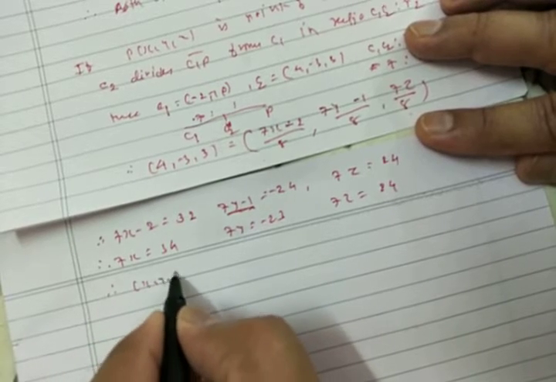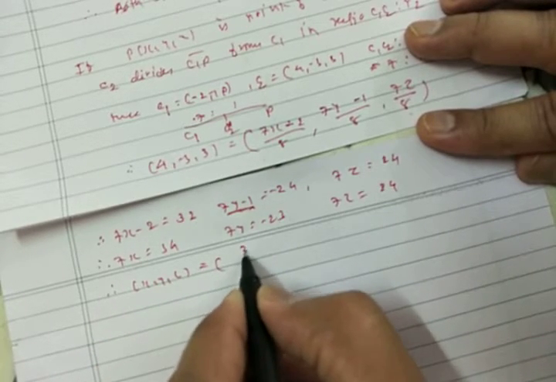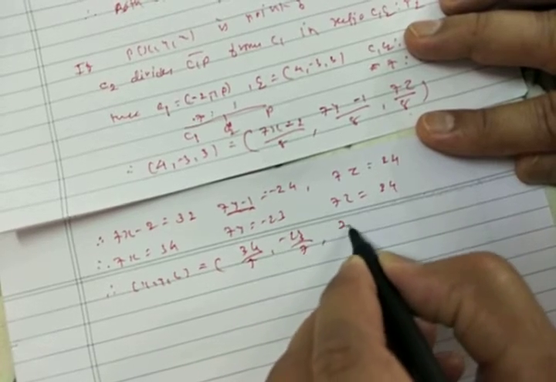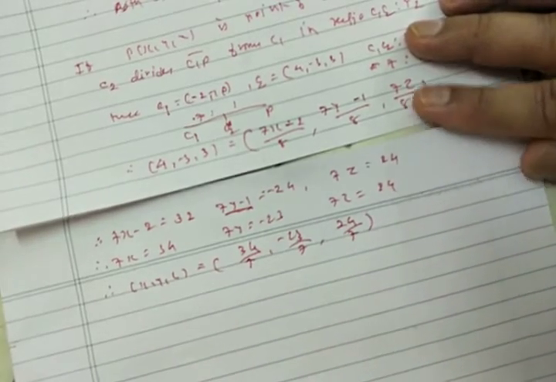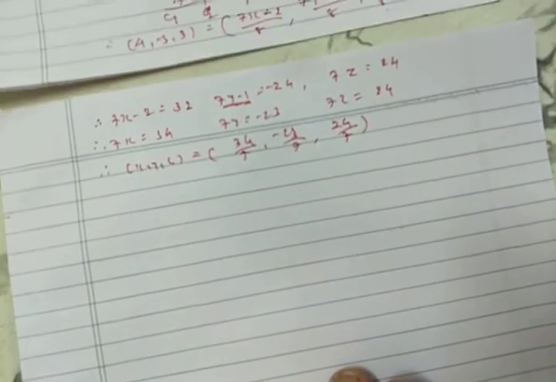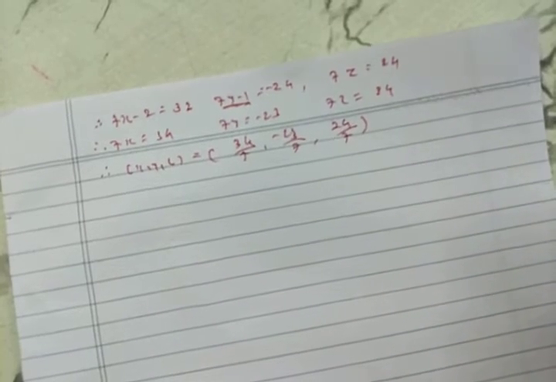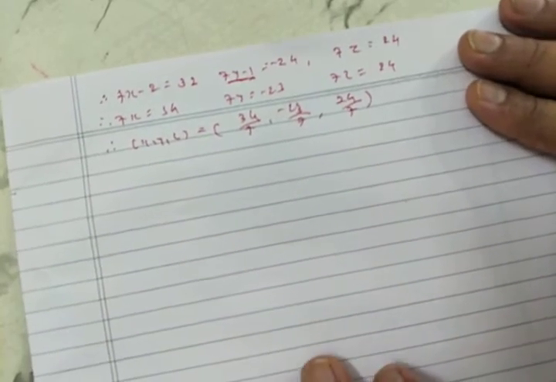So x, y, z are 34 by 7, minus 23 by 7, 24 by 7. This is the point of contact whenever circle intersect internally. Now let us see.